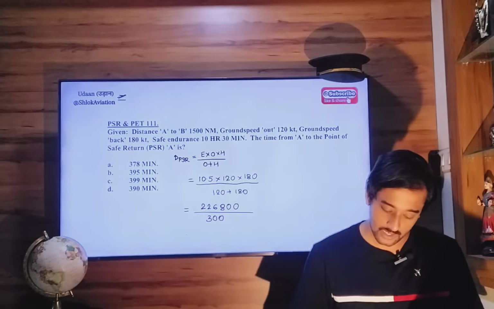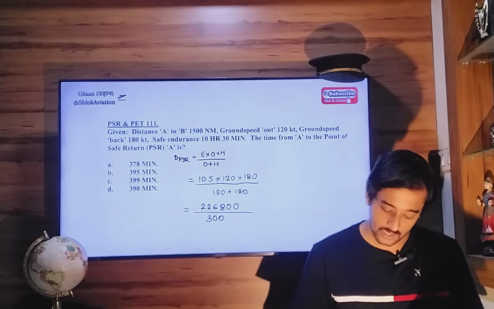Distance given, outbound speed, homebound speed, endurance given. What is the time from A to the point of safe return? First, distance to the point of safe return is endurance into outbound into homebound divided by outbound plus homebound.